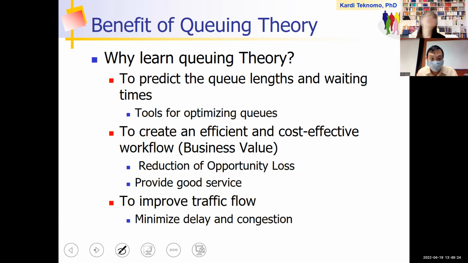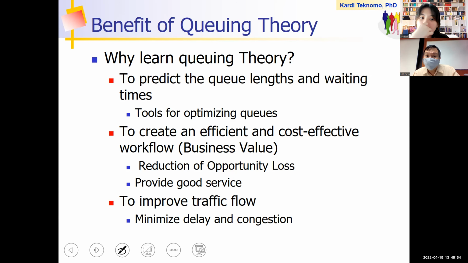And of course, you want to create an efficient, cost-effective workflow for your business. So you want to reduce the opportunity loss, and you want to provide good service. For traffic flow, you want to minimize the delay and traffic congestion. So these are examples of the benefit of learning queuing theory.